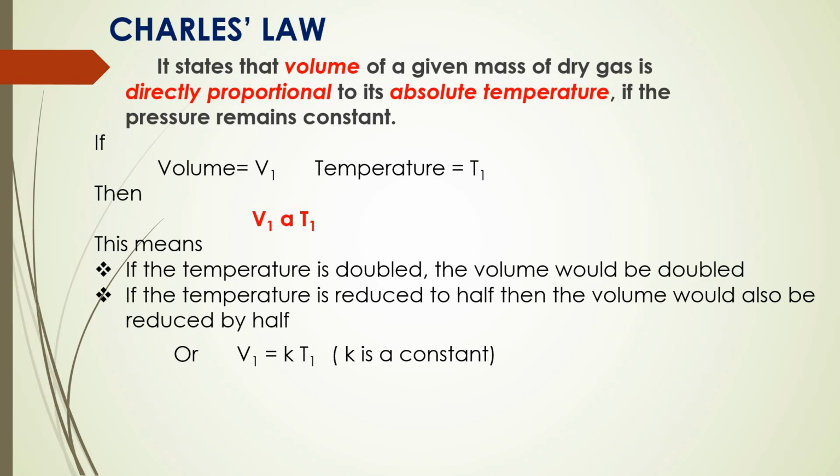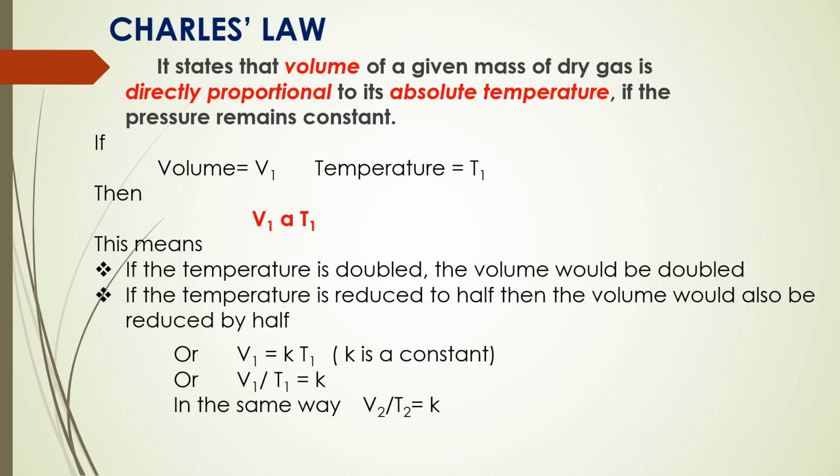Now, continuing from the proportionality V1 is directly proportional to T1, in order to remove the proportionality, we use an equal to sign and a constant K. So V1 = K × T1, where K is a constant. Rearranging, we get V1/T1 = K. That is, volume divided by temperature is a constant.